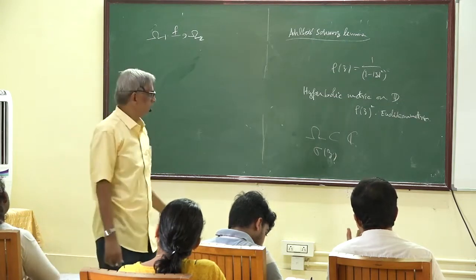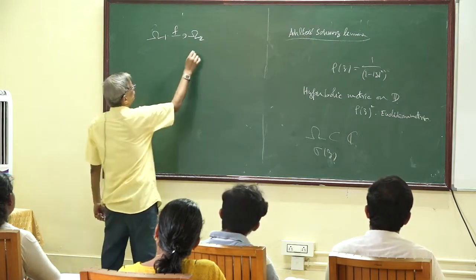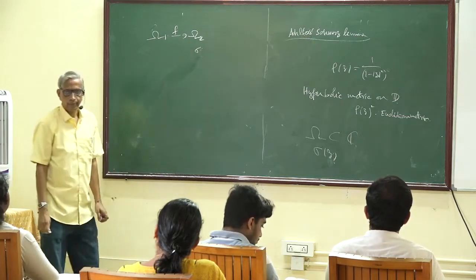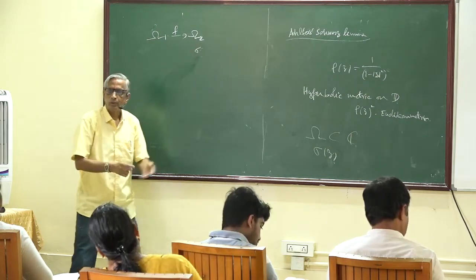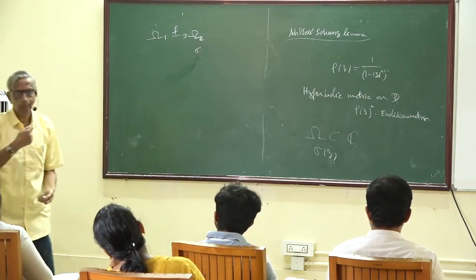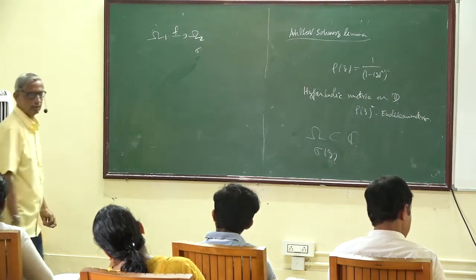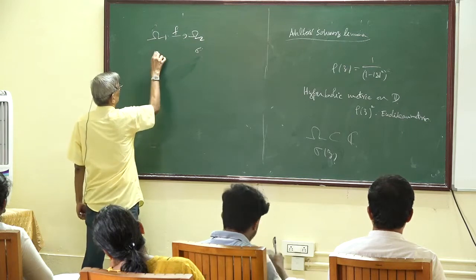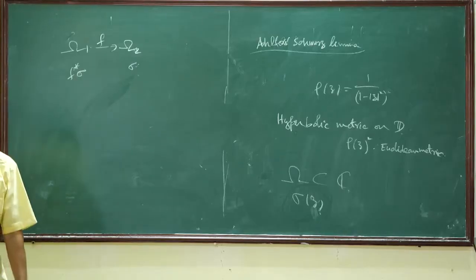Both are domains in the complex plane. So if you are given a sigma on omega 2, you can pull back that to omega 1. We denote it by f star sigma.